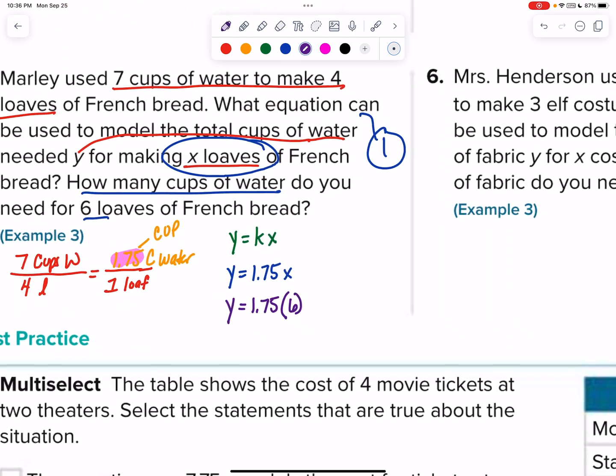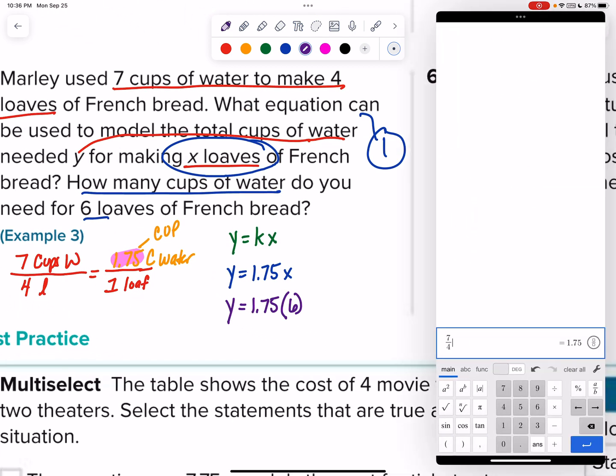Okay, so let's go ahead and solve that out. So you can see that's a lot quicker than making a whole proportion, just using that proportional equation. 1.75 times 6 equals 10.5. And then think about your label.